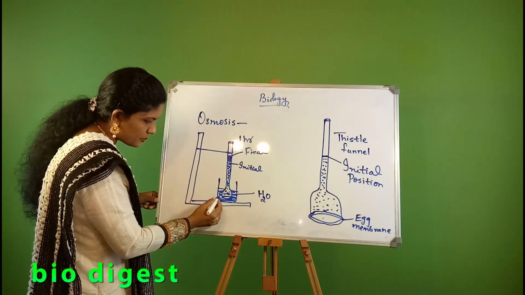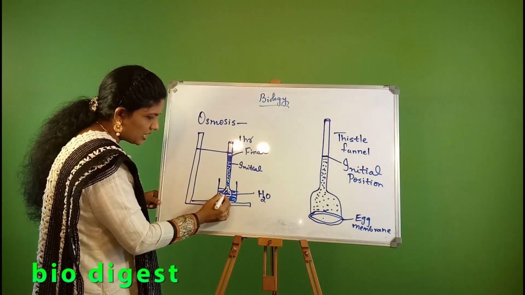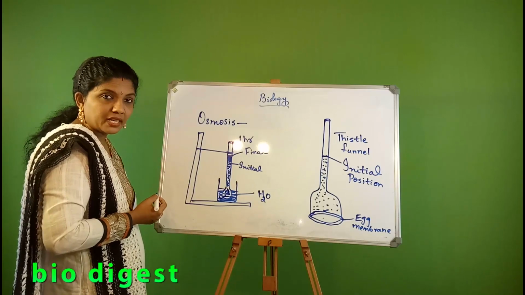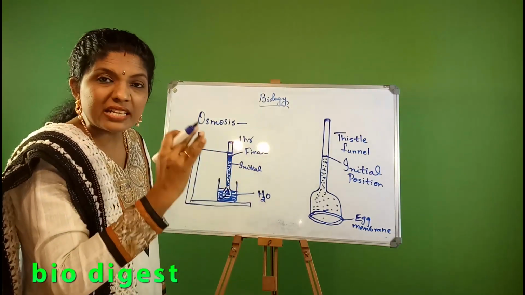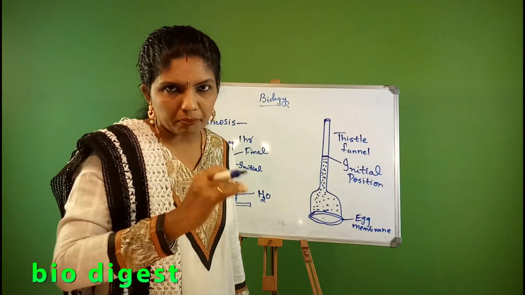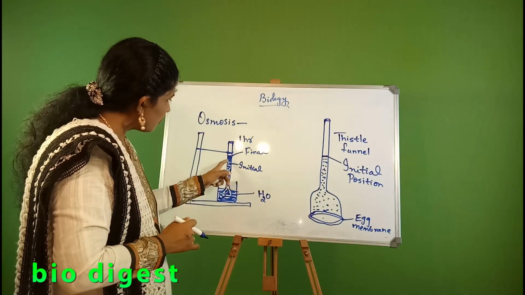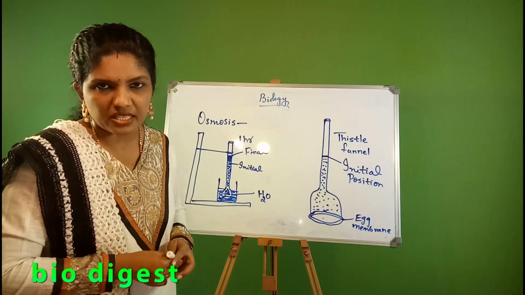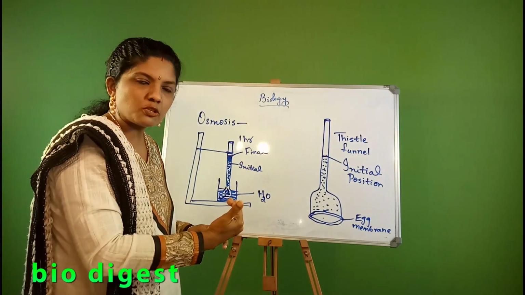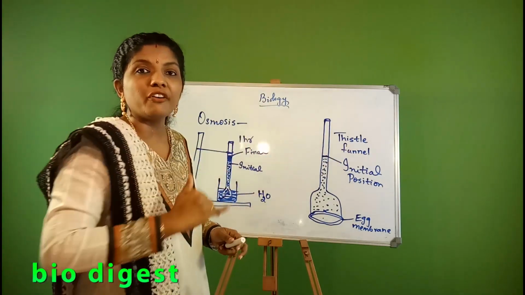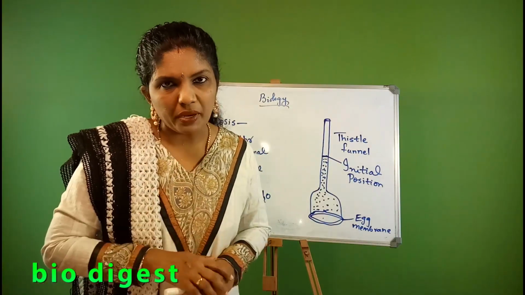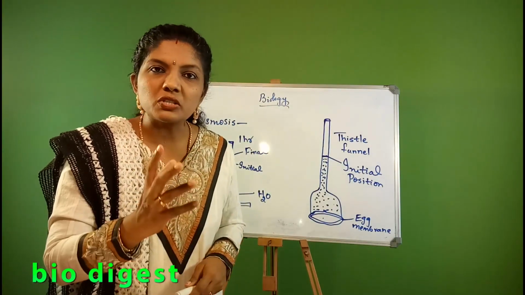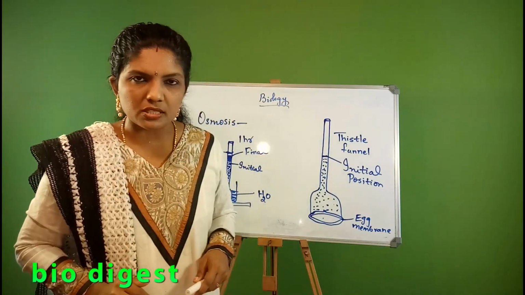So water present outside will move into this thistle funnel through the egg membrane that acts like a semi-permeable membrane. As a result, the level of the sugar solution in the thistle funnel increases. So here the inward movement of water is taking place. This is what is known as endosmosis.